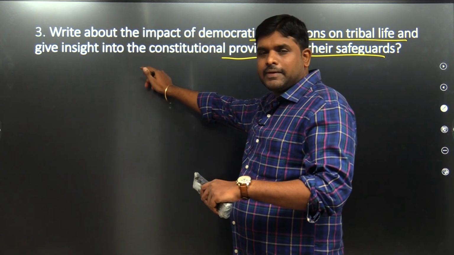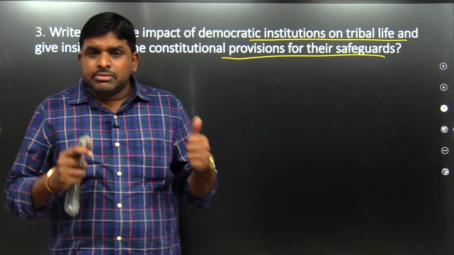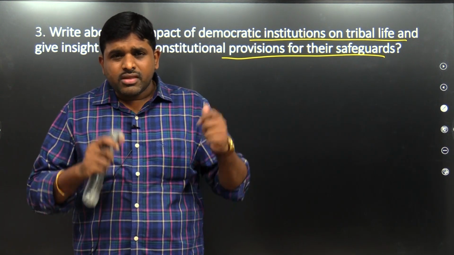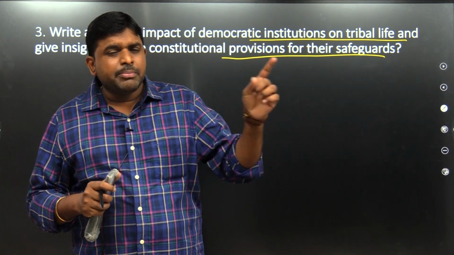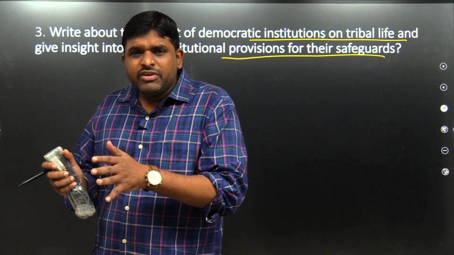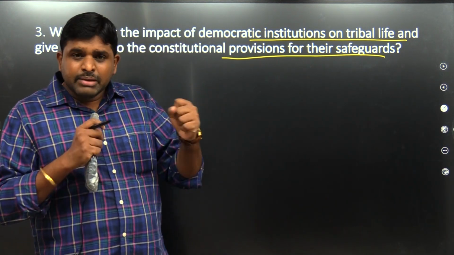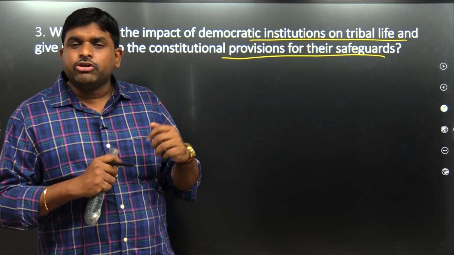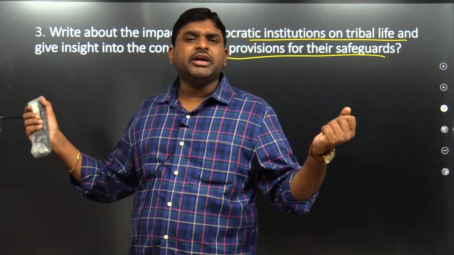The question is about that. So the impact is, number one, some tribal communities accepted the challenge and went for elections. There is a demarcation of functions: welfare and developmental activities were taken care of by statutory panchayats and regulatory functions by traditional panchayats. Sometimes there was competition and a huge fight between the traditional panchayat leaders and statutory panchayat leaders, and sometimes the traditional panchayat leader did not accept it.